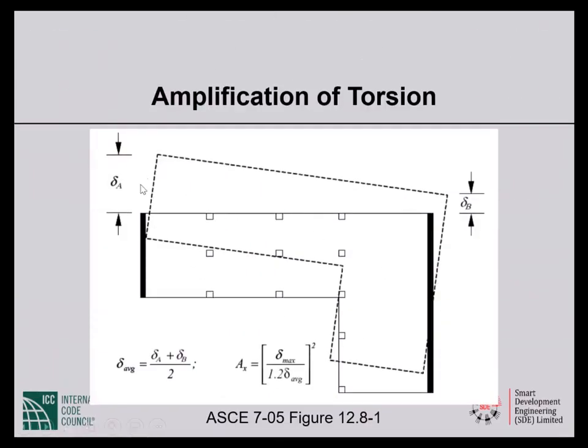Same picture as before. This is maximum, this is minimum. Average is delta sub A plus delta sub B divided by 2. The accidental torsion amplification factor A sub x is the maximum deflection divided by 120% of the average deflection, the ratio squared.